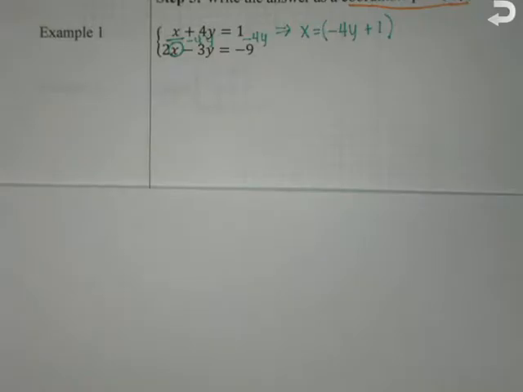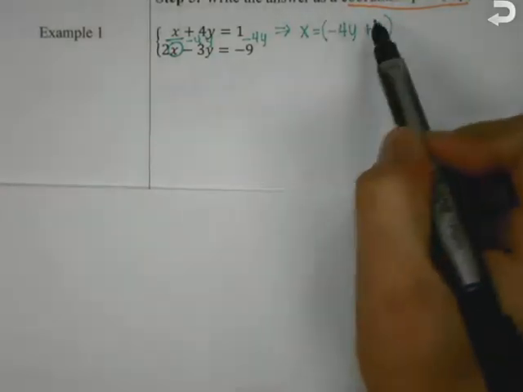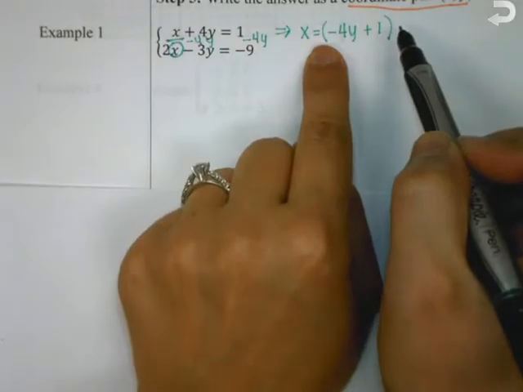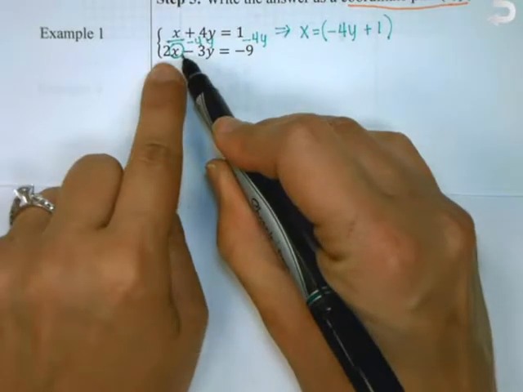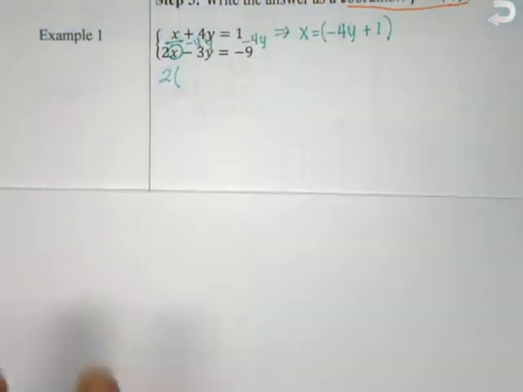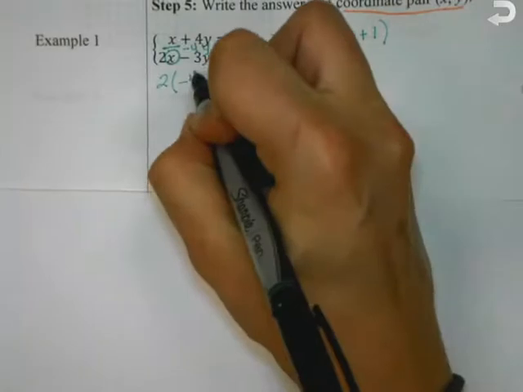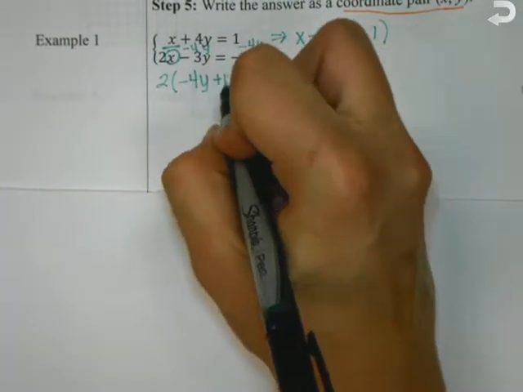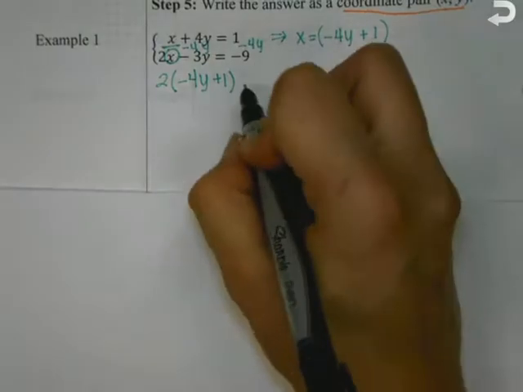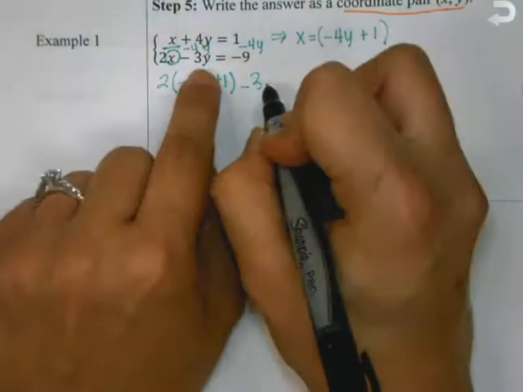So I have x equals this guy, so I'm going to plug it in for x here. So that's going to give me 2 times x, but x is equal to negative 4y plus 1. Then we continue on. Minus 3y equals negative 9.